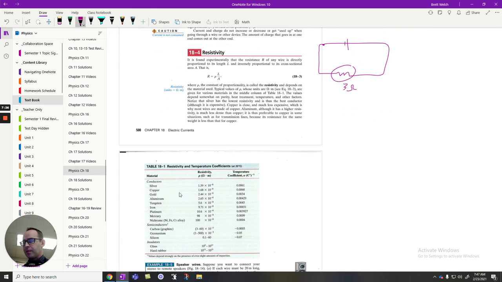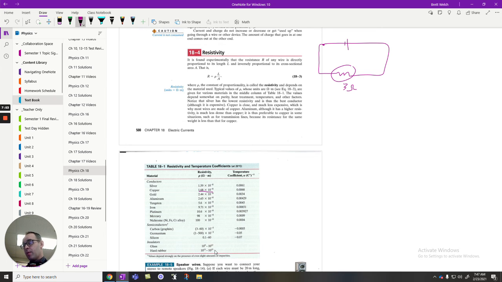And so you can see that copper has a resistivity of 1.6 times 10 to the negative 8th. And that's a pretty small number. Silver is 1.59 times 10 to the negative 8th. The lower the resistivity, the better it's going to conduct electricity. You can see that when we get up to things like glass, it's 10 to the 9th to 10 to the 12th.